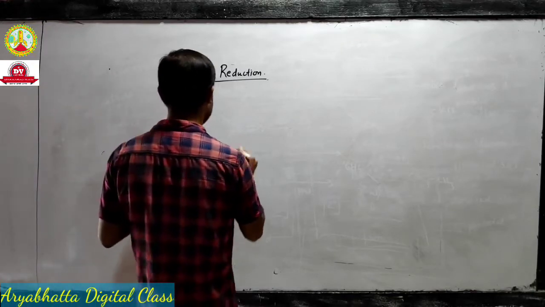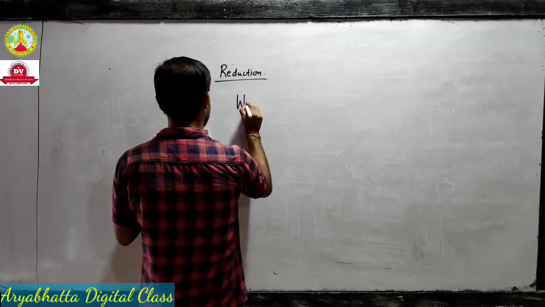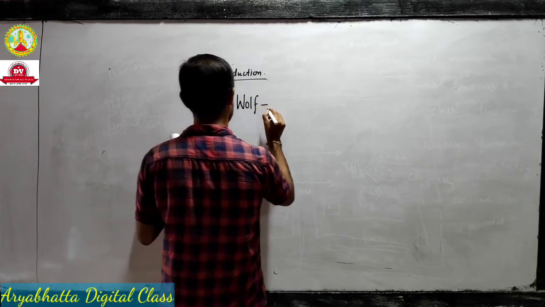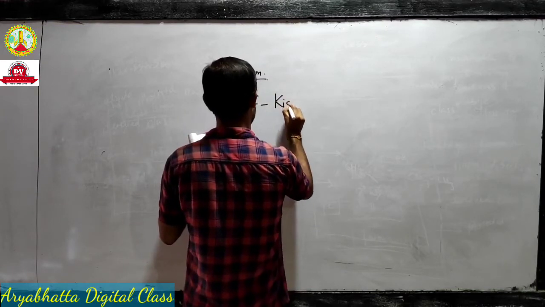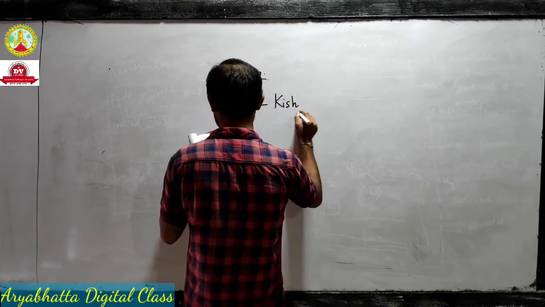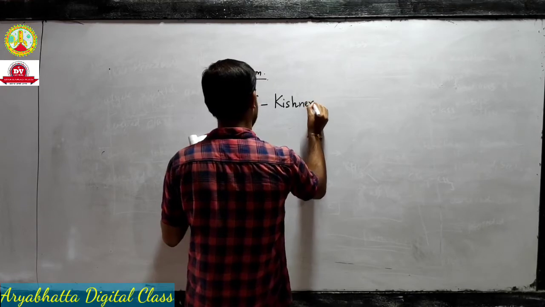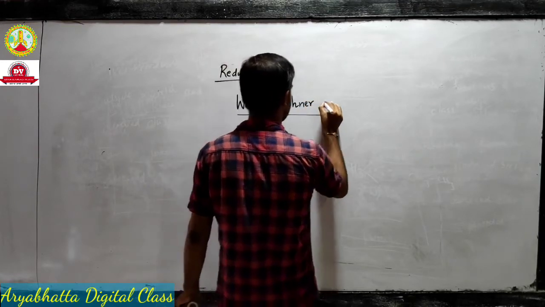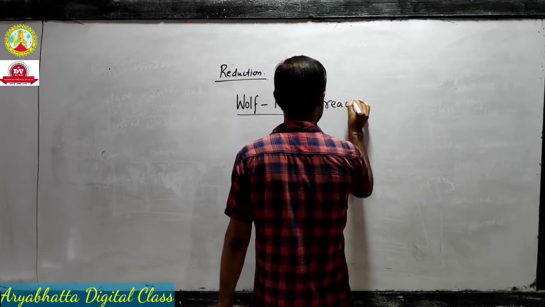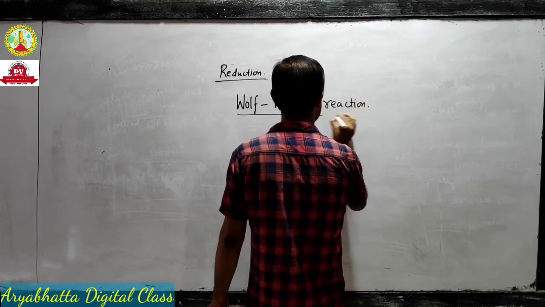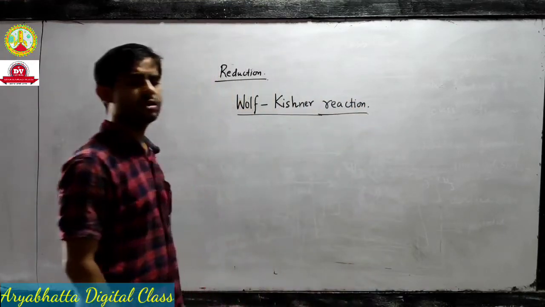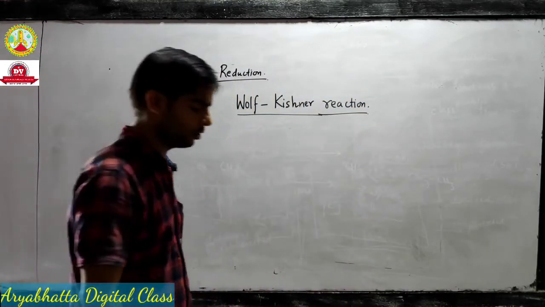Now there is one more reaction which is called the Wolff-Kishner reaction. It's another way to produce hydrocarbons from aldehyde and ketone.